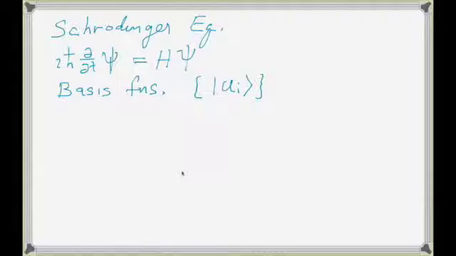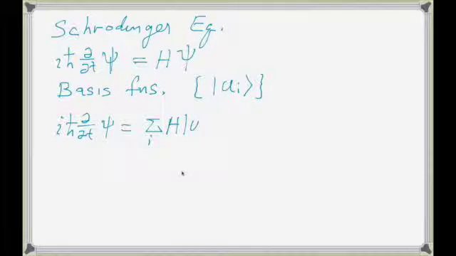So the first thing we do is stick in an identity operator: i h bar d/dt psi is equal to H, let me sum over i, H, and then my identity operator, u_i, psi. I'm just sticking in an identity operator.